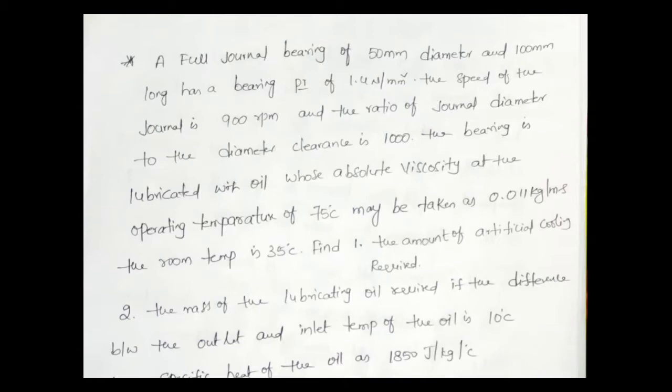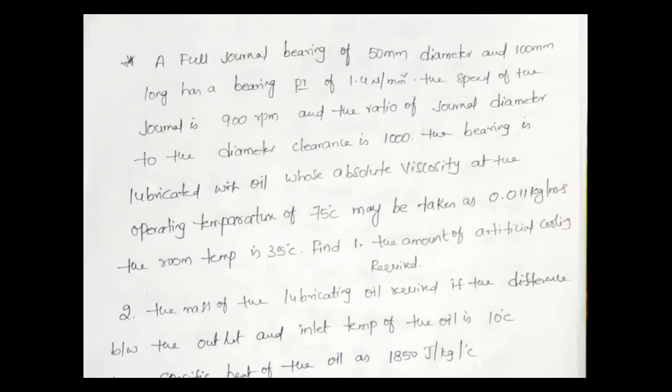Please observe that I am reading one by one what has been given in the problem, and then we will calculate what we require. First, the diameter is given, the length is given, and the bearing pressure value is given, that is 1.4 Newton per mm square.